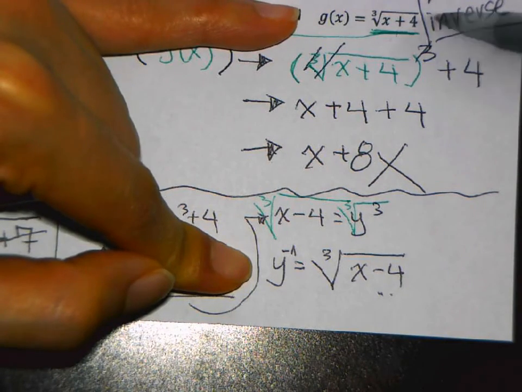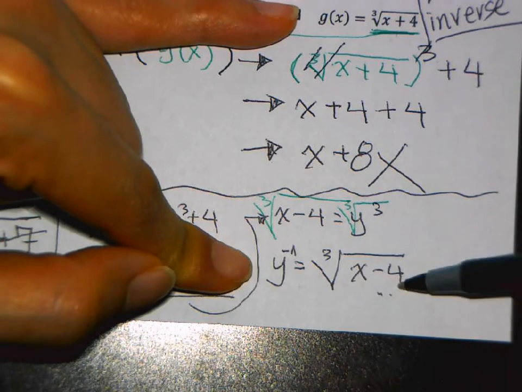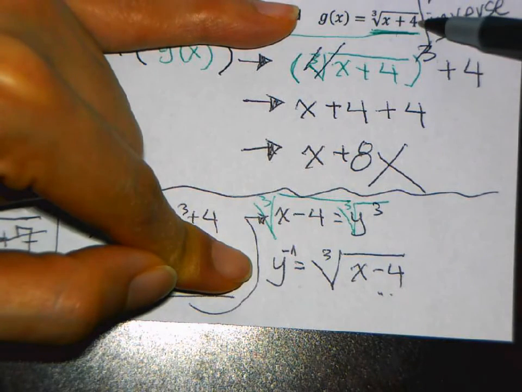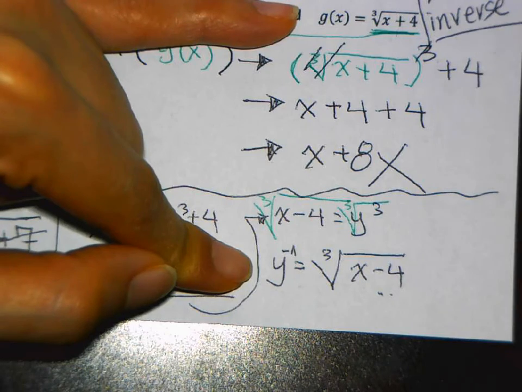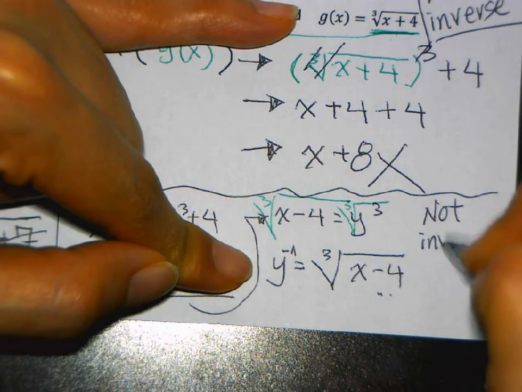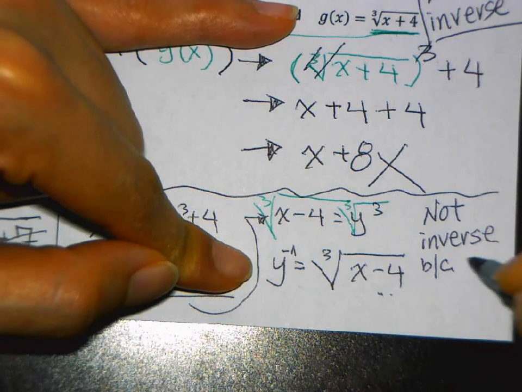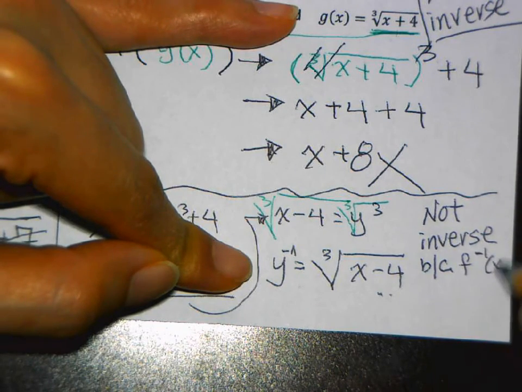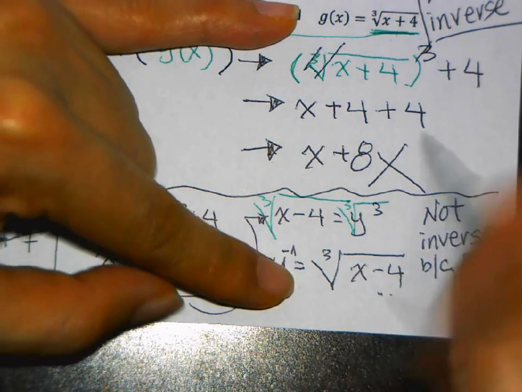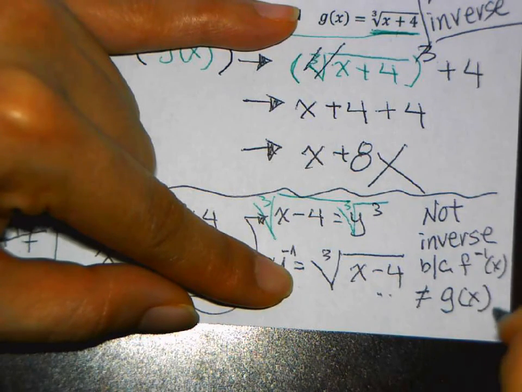No, because this inverse is cube root of x minus 4. The equation they want me to match was cube root of x plus 4. So I would say not inverse, because f inverse of x is not equal to that other equation, g of x.